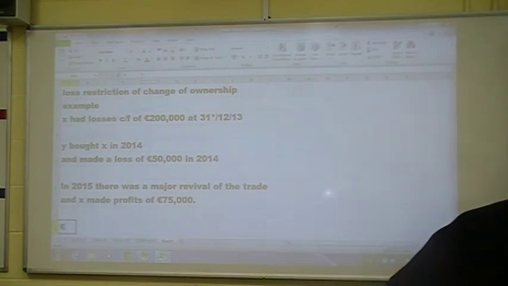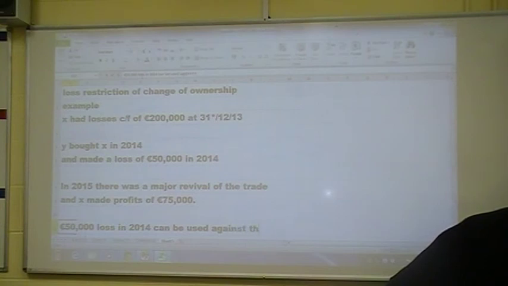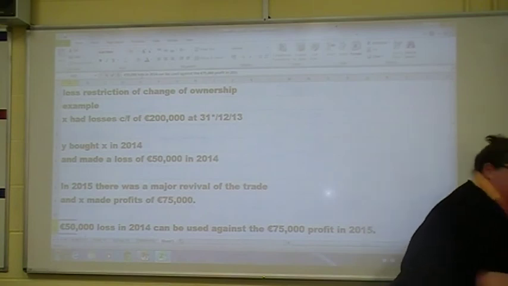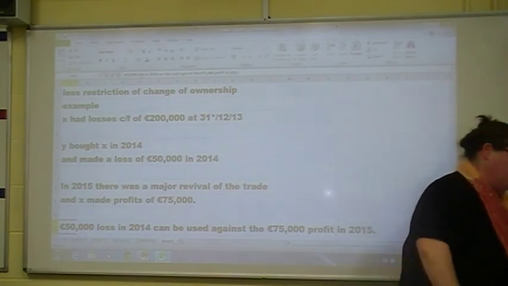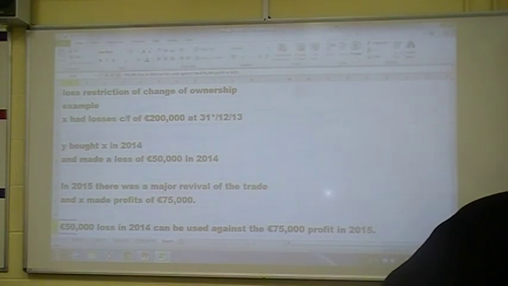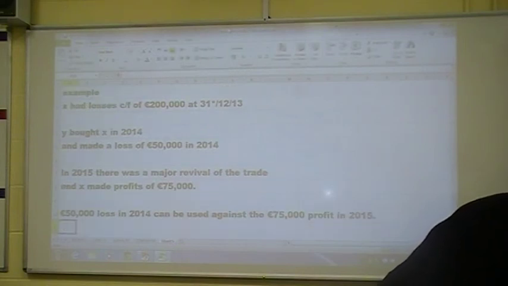Then the 50,000 loss in 2014 can be used against the 75,000 profit in 2015.